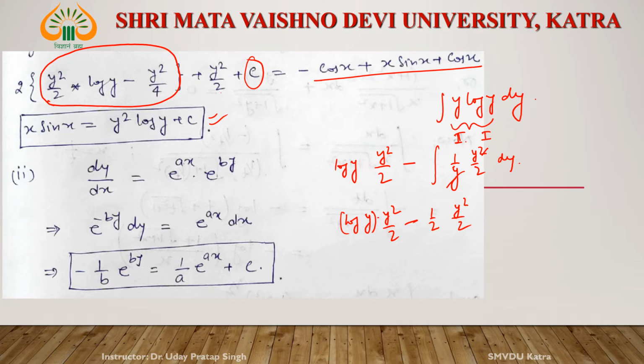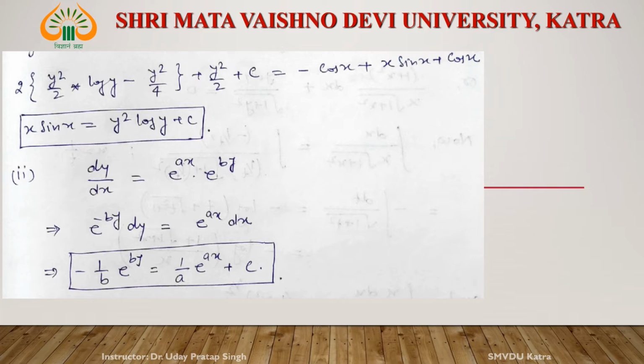Next one, let us consider log of dy by dx is equal to ax plus by. In this form, variable separable is not applicable. So what can we do? Take the exponential on both sides.